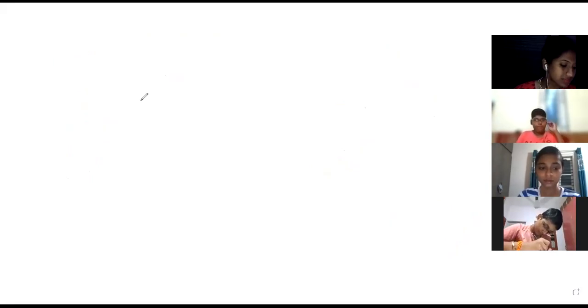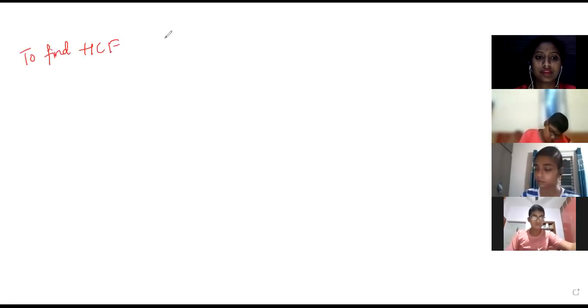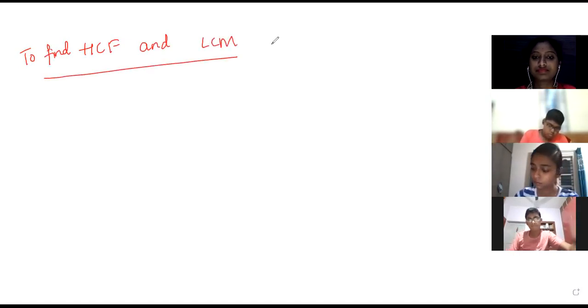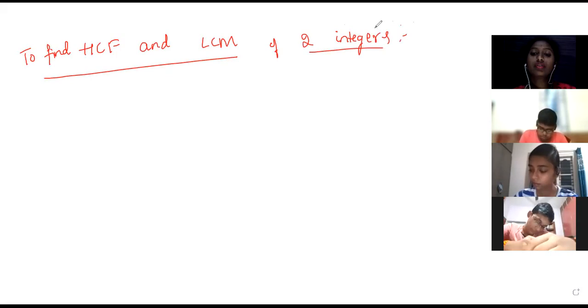Next, using the fundamental theorem of arithmetic, we use this again to find the HCF and LCM. We are using this concept to find the HCF and LCM of two integers.